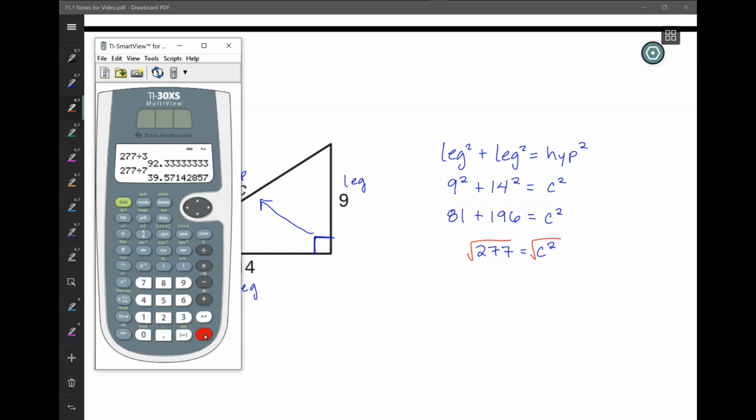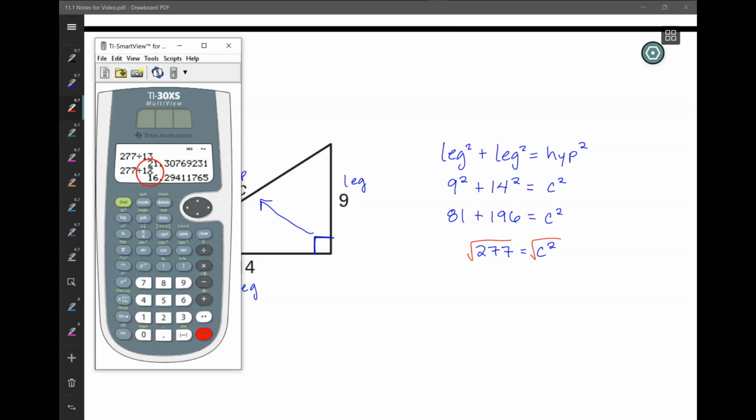It can't be divided by 7. It couldn't be divided by 3, so it can't be divided by 9. 11, no. How about 13? No. 15 won't work. How about 17?